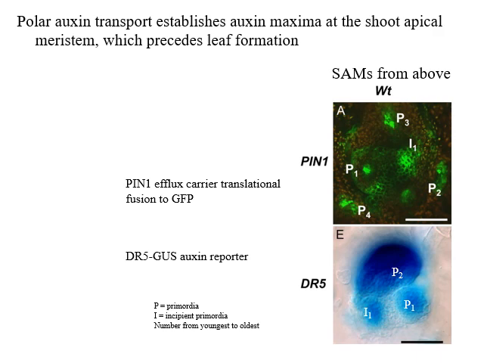At the same time, you can see that there also seems to be a high level of auxin based on expression of the DR5 GUS reporter in the incipient leaf primordia and the real primordia here as well.